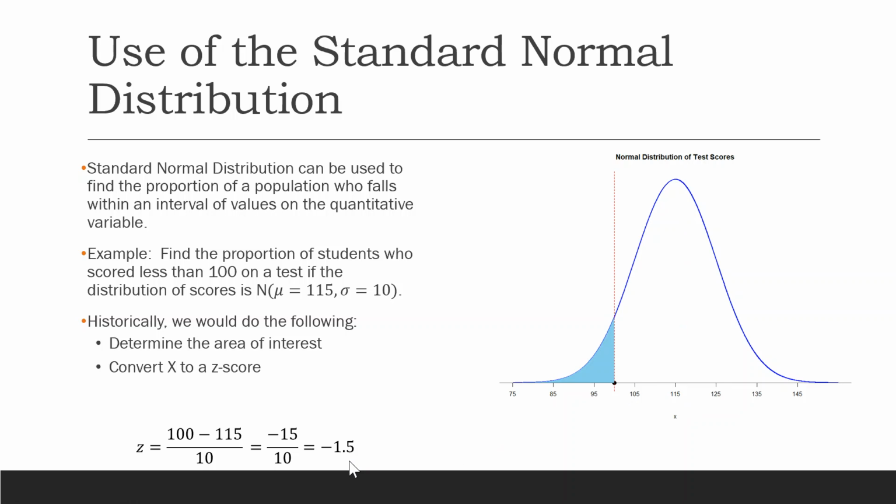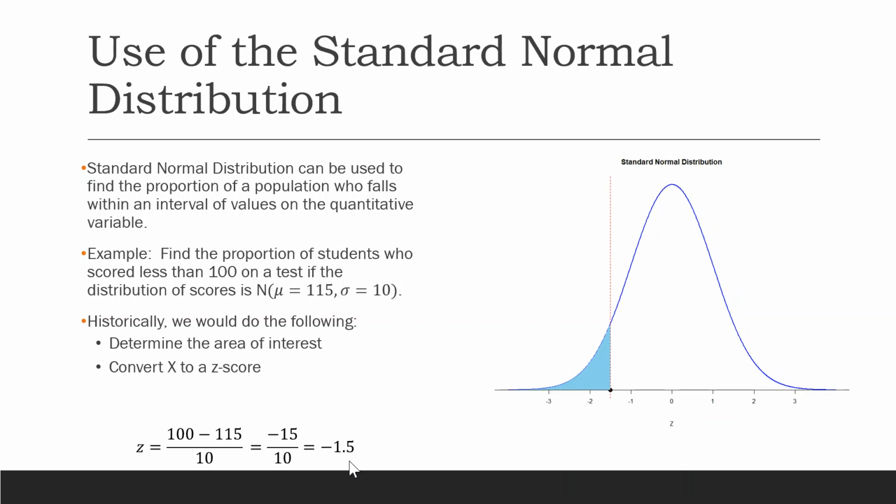Once we find our z-score, and this is the historical way, we can adjust our graph. I redrew my graph, and now I'm looking at my standard normal distribution where my mean is 0 and my standard deviation is 1, so I'm counting by ones.